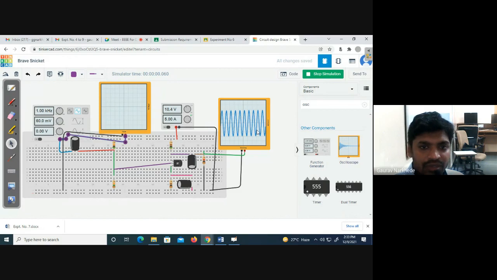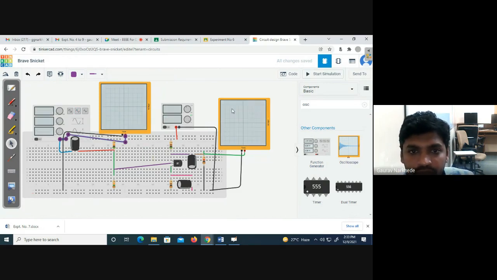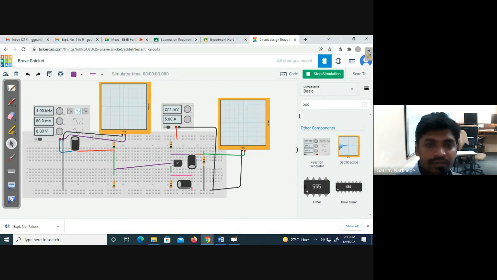What happened? This is connected, right? Is this connected? Yes. I'm not able to see the input waveform, so that's why I was worrying.